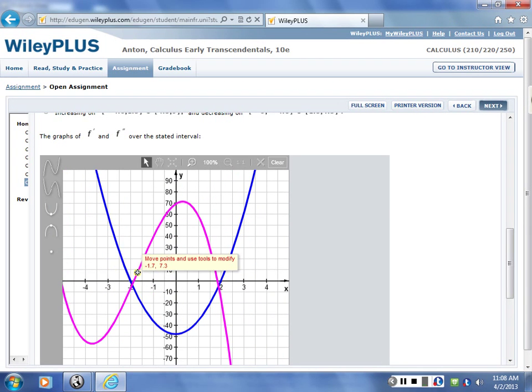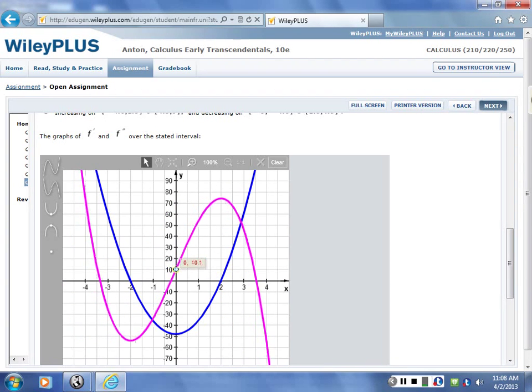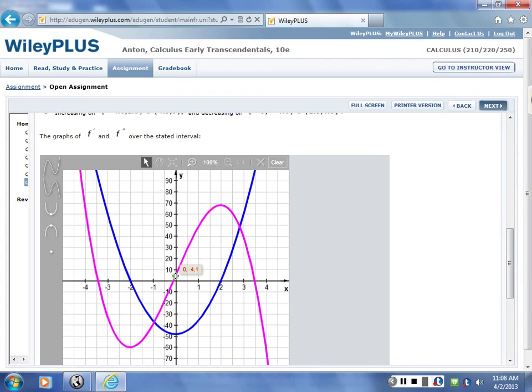And then on the other side, if I plug in 0, my function is positive. Oh wait, it's not 3, it would be 0, 12.